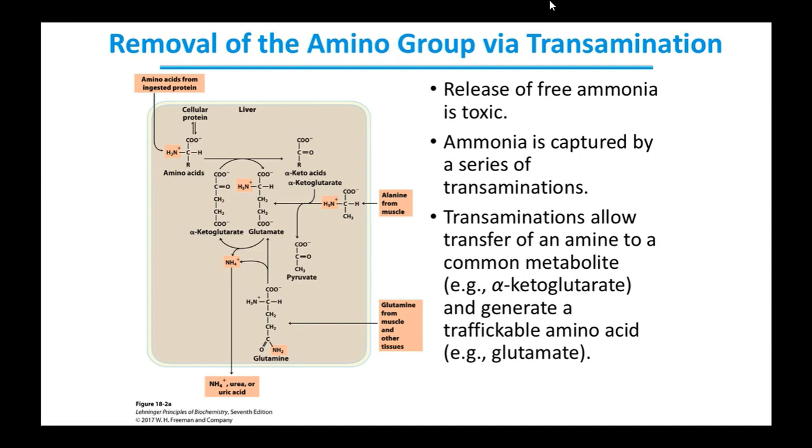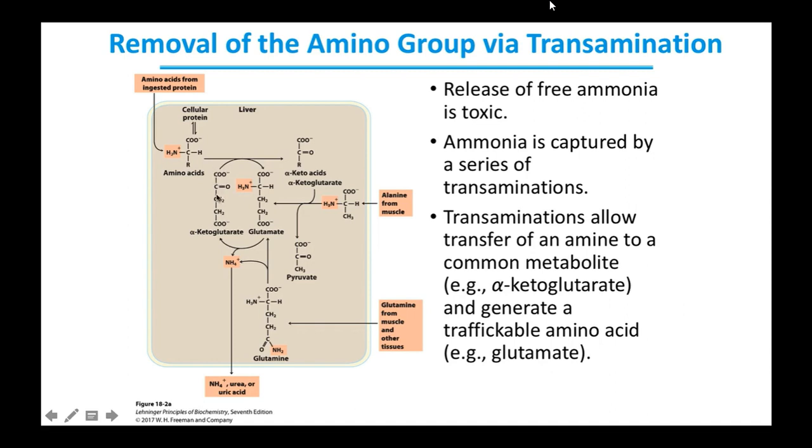Amino acids that you see up here at the top of the diagram, these can be any of the amino acids, will come in, and in the liver, those amino acids will be transported in, and the amino nitrogen of the amino acid will be transferred onto a molecule you're familiar with. This is alpha-ketoglutarate.